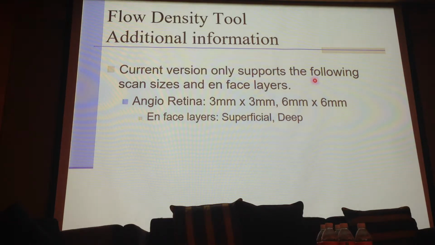So far, with the officially commercialized release, we support 3 by 3 and 6 by 6 millimeter. And the density tool works only for superficial and deep. So flow measurement and non-flow work on all layers, but density only on superficial and deep.